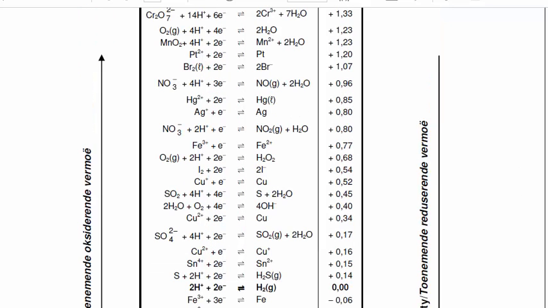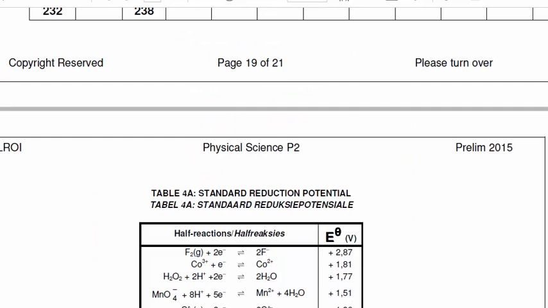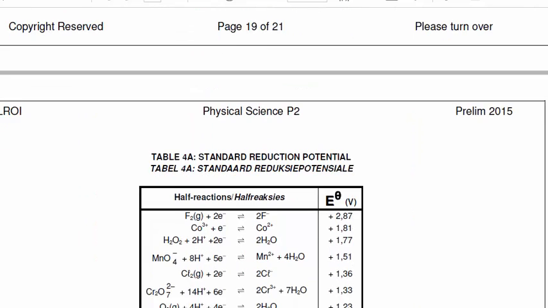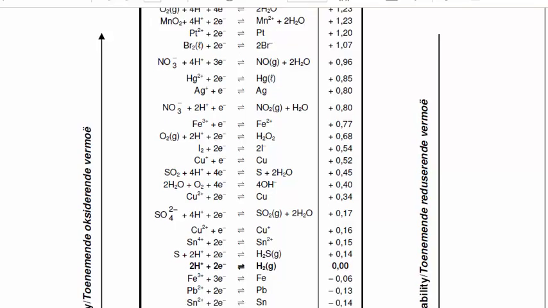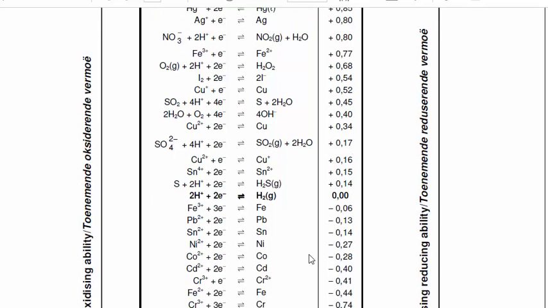I don't see lead. Lead is Pb, right? Isn't it under iron? Pb2 plus. Oh, there it is, yeah. Okay, cool, thanks. There we go. Good. So, which one is going to be attracting electrons more? Iron.